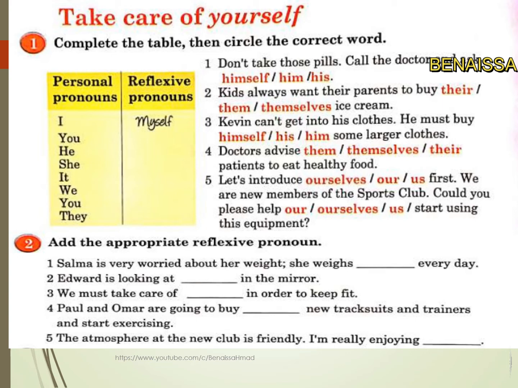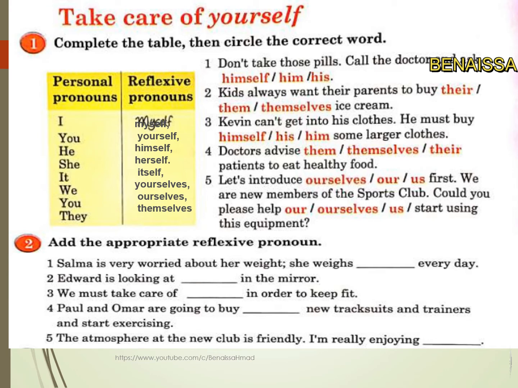So what about the next one? The next one is yourself, he, himself, she, herself, it, itself, we, ourselves, you, yourselves, and they, themselves.